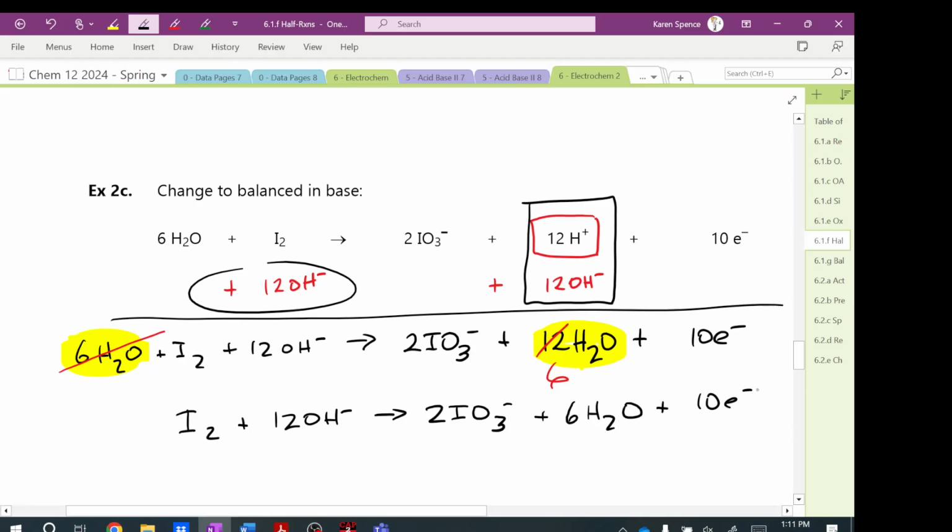Just to make sure you haven't gone astray. If I look over here, I have 12 negatives. If I look over here, I have 2 negatives plus another 10 negatives gives me 12 negatives. So my charge works. If I have more time than that, I can check all my hydrogens and oxygens and iodines. But if I just want a quick check, I can check the charge. Okay?